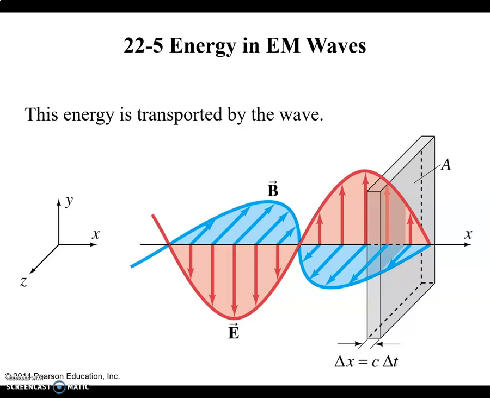Also, the area of the box is just the area indicated here in the picture, and so the product of the two, area times delta x, would give us the volume. So the energy density that we've been calculating is simply the amount of energy from the electromagnetic wave within this given volume, shown by the gray box, in a given amount of time.